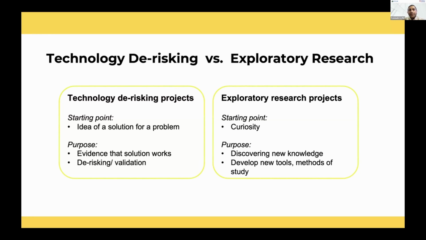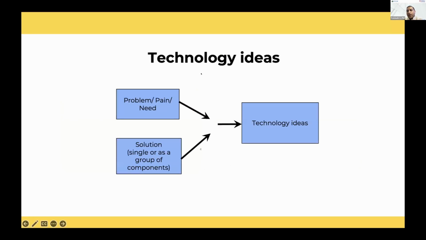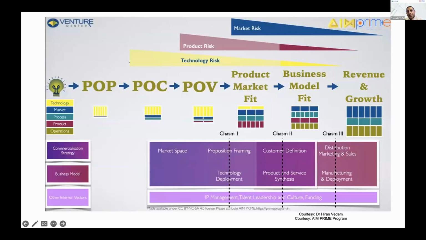That's why I'm pointing this out first: it's a technology de-risking project essentially. Broadly speaking, you need to think of all these technology ideas in the form of problem solving. There's a problem and you're offering a solution, and that together comes together as a technology idea. That's the purpose of this exercise.